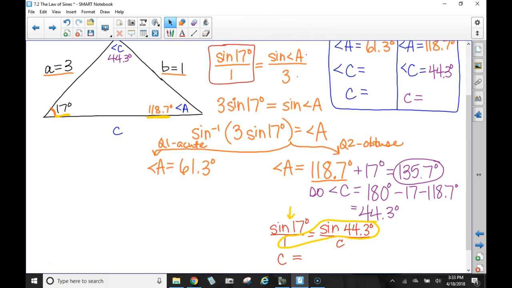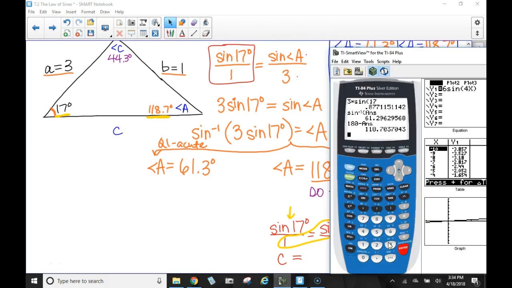Okay? So side C, when I take the sine of 44.3, okay, and I divide that by the sine of 17, because I just multiplied it by 1, right? Okay, there.